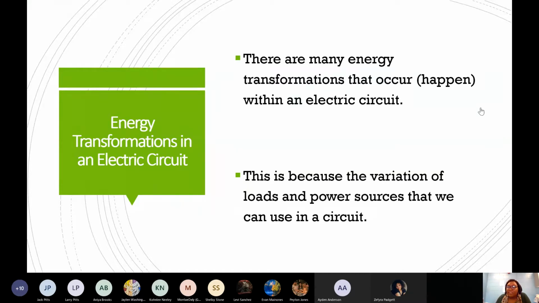Guys, the screen's going to go black for a minute. I apologize. Okay, it should be back. Let me move this so everyone can see the notes.